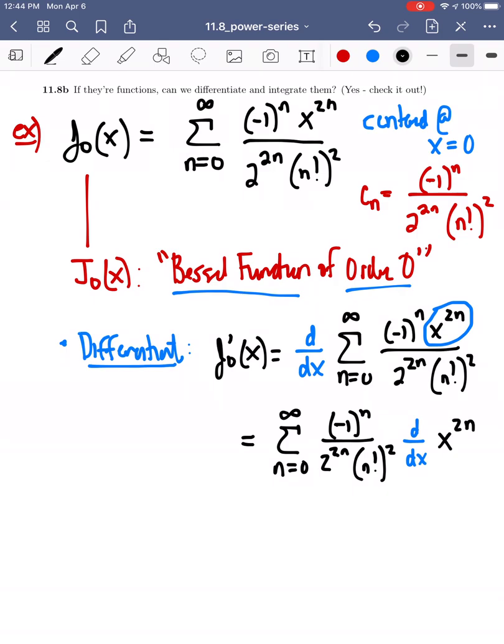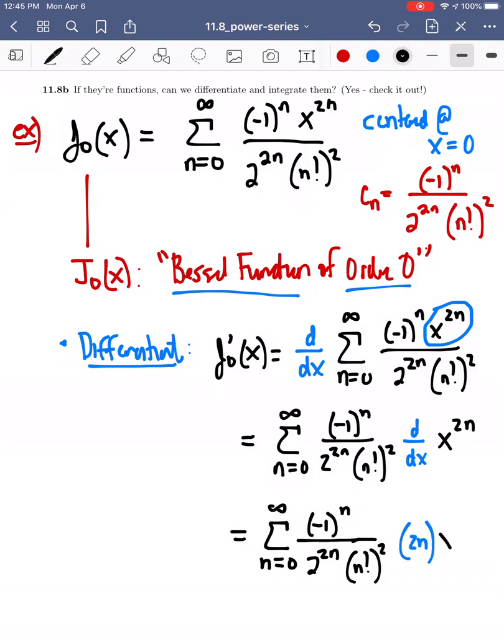And look at that. It looks like we have x to some power. We just get to do a power rule differentiation. So let's go ahead and do that power rule differentiation now. When we do that differentiation, that 2n will come down.